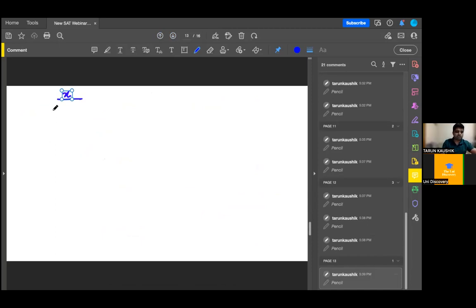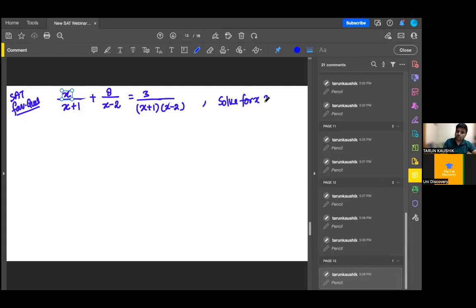So the question is x upon x plus 1 plus 8 upon x minus 2 is equal to 3 upon x plus 1 times x minus 2. This is one of the questions that will be tested in SAT. So I can say this is SAT's favorite question. And the question is simply: solve for x.